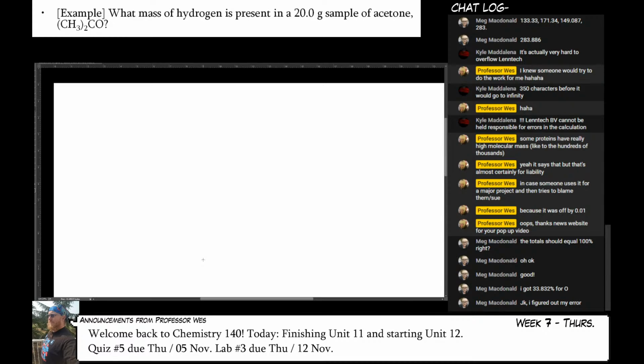So we're going to do the same thing. First, I want to figure out what percent of acetone is hydrogen by mass, and then I'll just multiply it by 20 grams. So percent hydrogen will be mass of hydrogen over mass total times 100%. And so that's going to be, how many H's are in acetone? Well, I counted 6, so double check that to make sure that I didn't miscount.